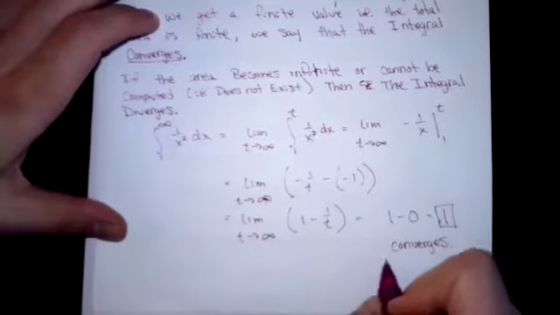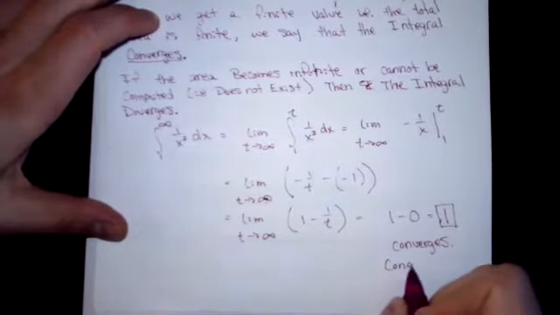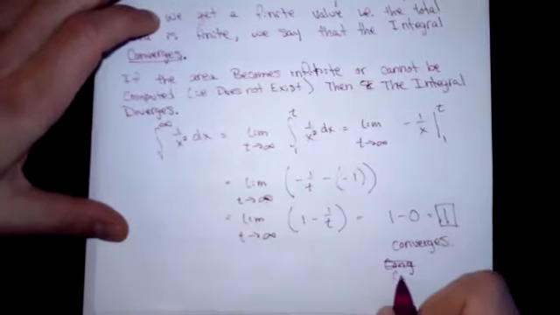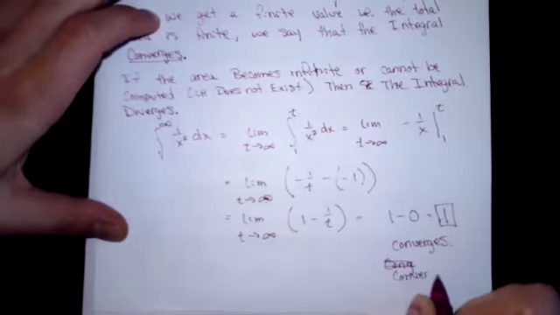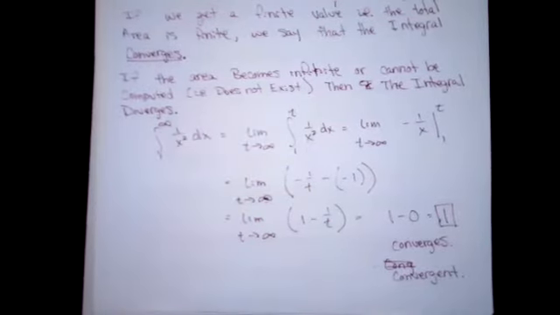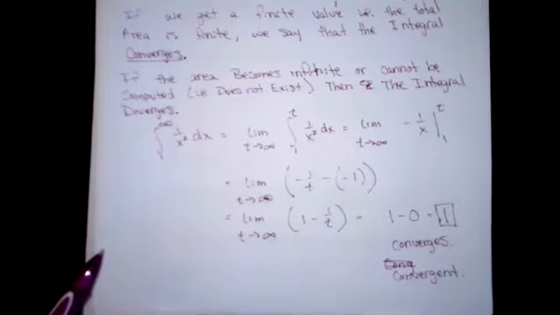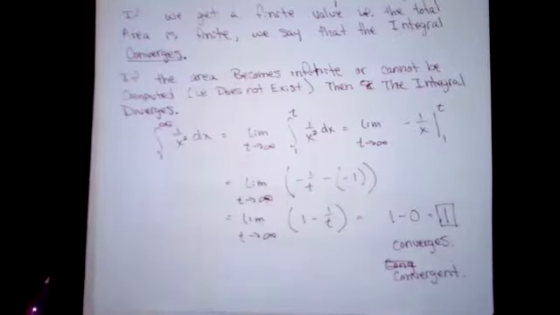The other word you might see is convergent. Of course, converge is just a verb, convergent the adjective. So the integral of 1 over x squared is a convergent integral.